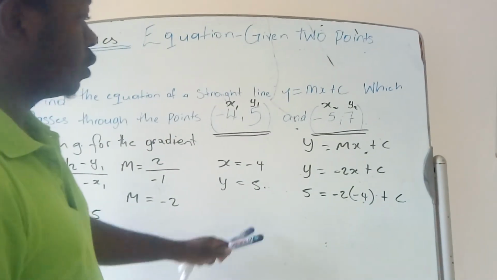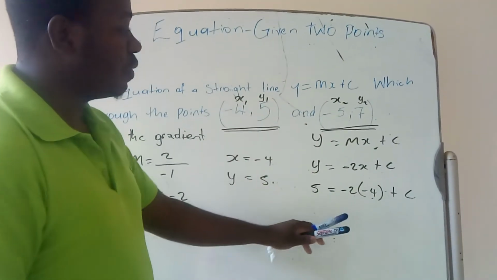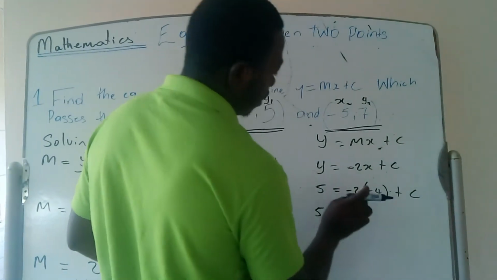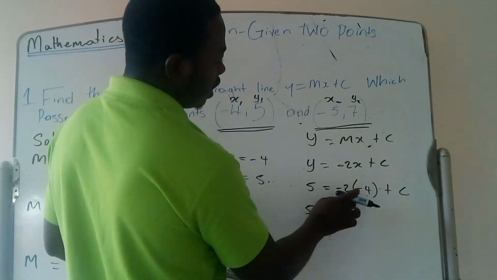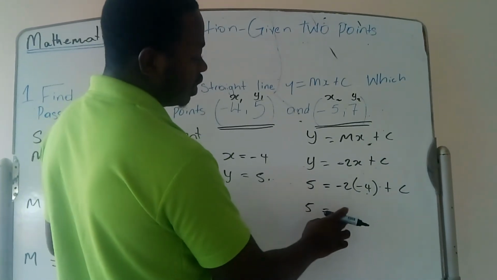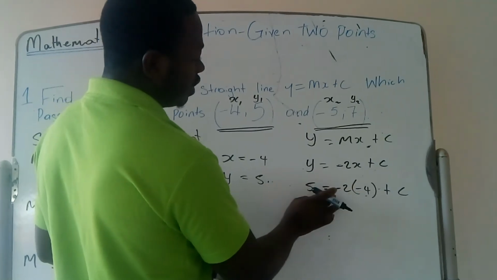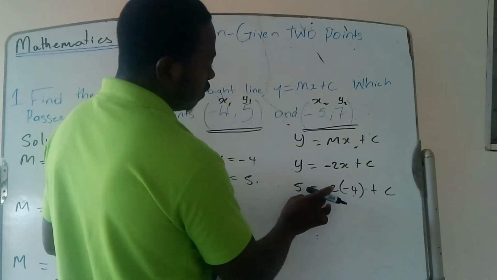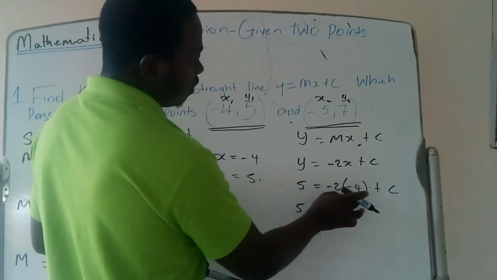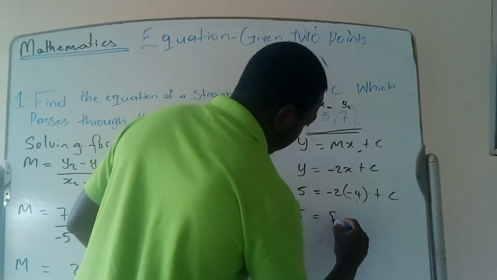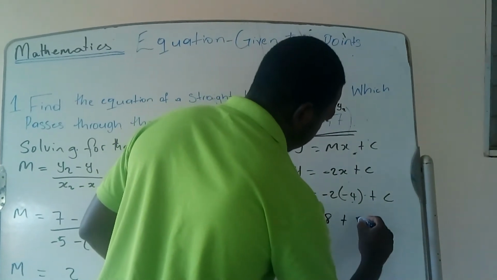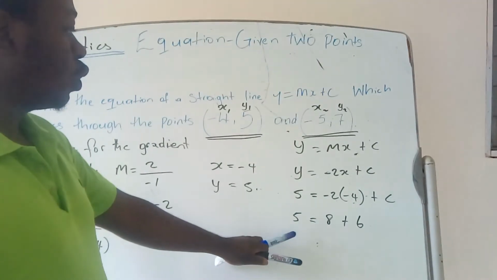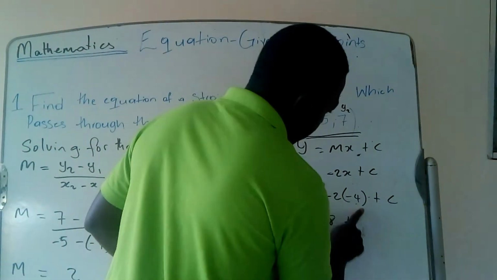Alright? Now, all we need to do is to just simplify this. So, on this side we have 5 is equal to negative 2 times negative 4 will give us a positive result. Anytime you have negative multiplying another negative number, the result is positive. So negative 2 times negative 4 give us positive 8 plus c.